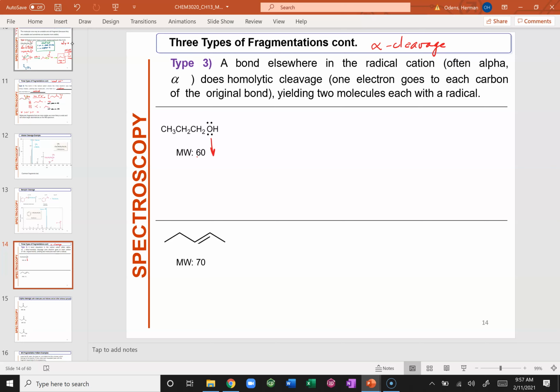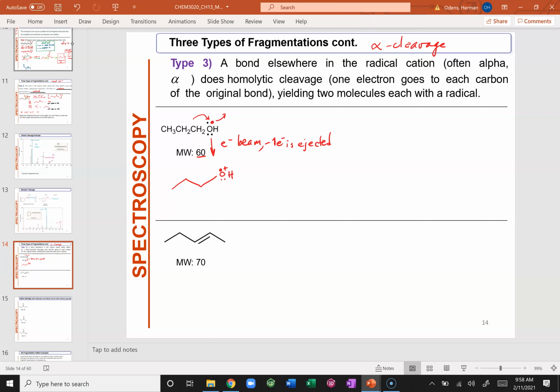Notice that the molecular mass here is 60. So I'm going to hit, this is going to be electron beam minus 1 electron is ejected. I'm always going to pick this guy and then take it out. Bling. So that's going to make this. So you have 1, 2, 3 carbons, 3 carbons and an oxygen and an H. We have this.